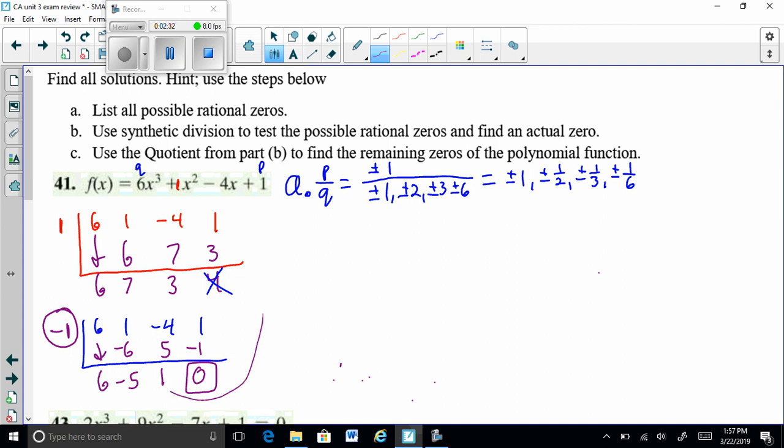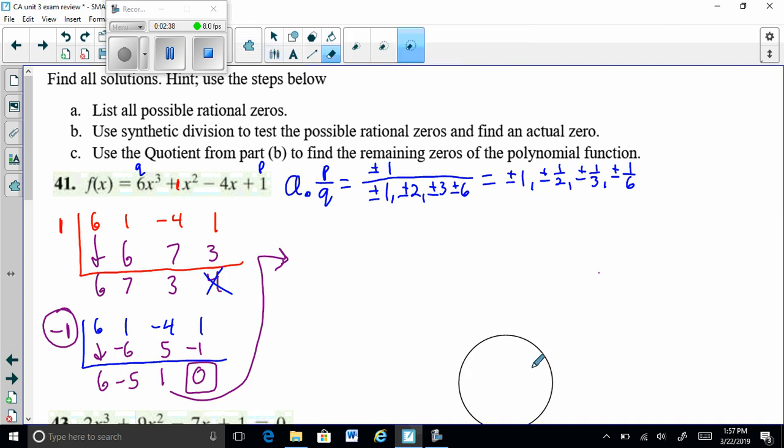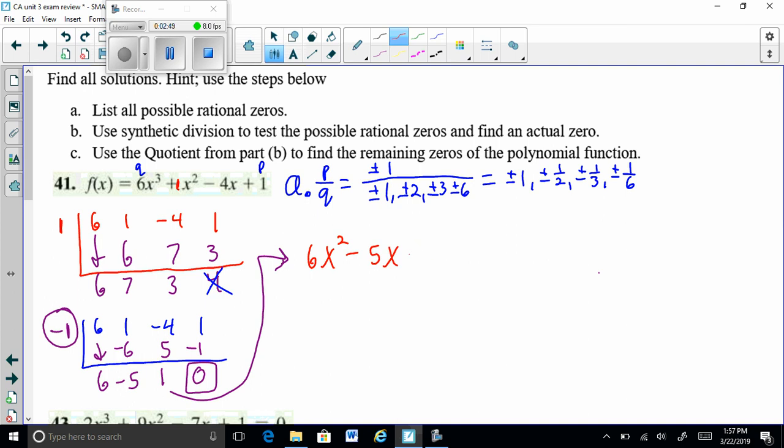Now we're going to take what was left behind after we divided and turn that back into a polynomial. So that would be 6x squared minus 5x plus 1. And so basically what you did was you factored the original polynomial into that times x plus 1.